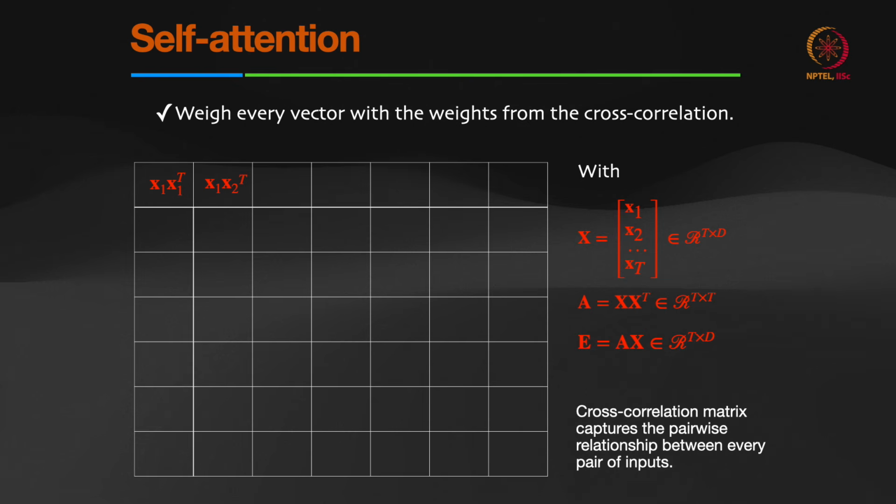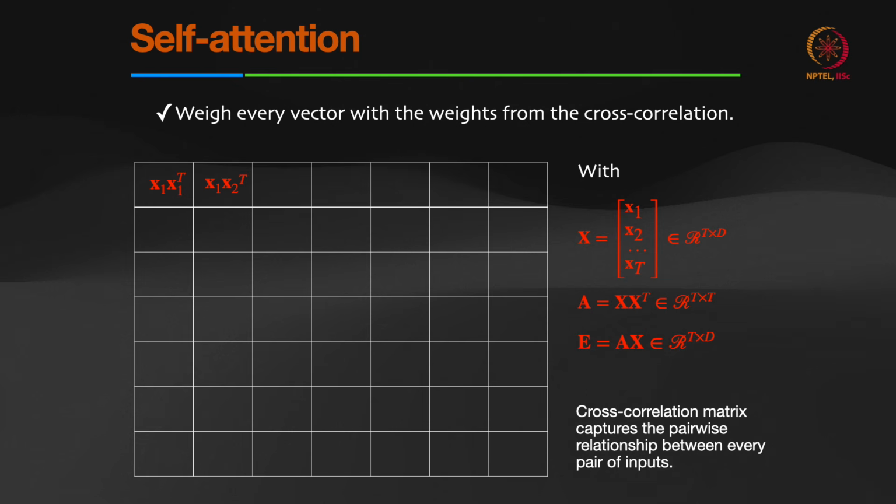But for the sake of our discussion, what you now have is a matrix with each element being a scalar consisting of some sort of similarity, some sort of association between a pair of i and j vectors. I am going to call this matrix A. So this one now measures x1 with x1, this measures x1 with x2, and this measures x1 with x3 and so forth.